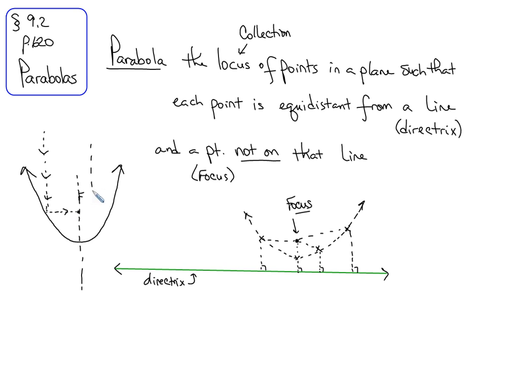So if we have one coming down like this, it's going to hit the parabola and bounce to the focus. It's going to come down, hit the parabola, and bounce to the focus. Likewise, if you shoot something out from the focus and hit the parabola, it's going to bounce parallel to the axis of symmetry.